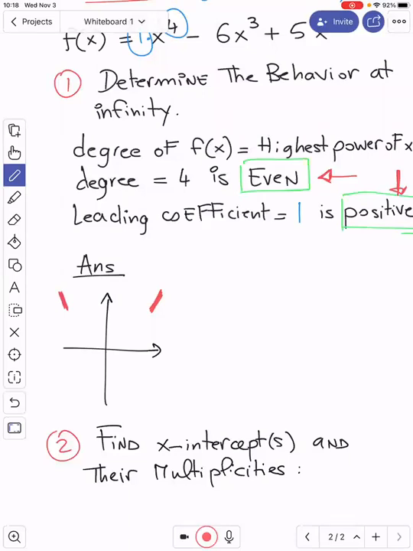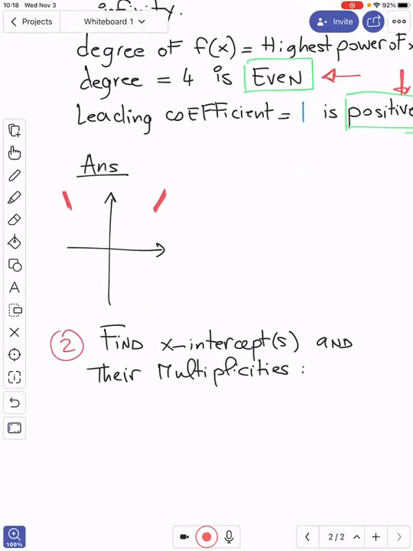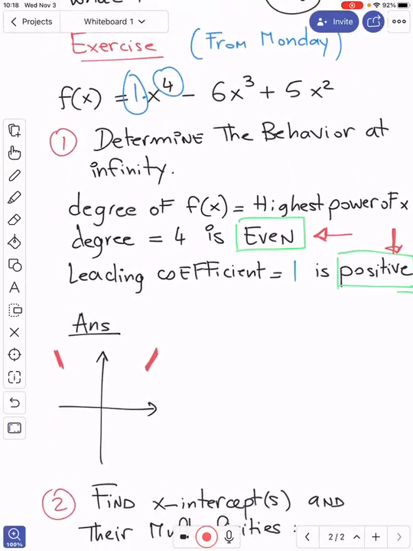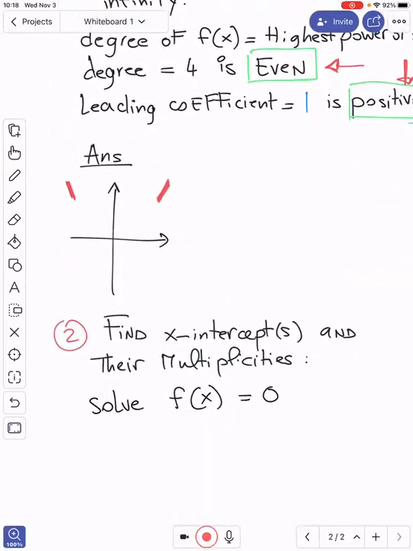That's how we find the x-intercept, always by solving f of x equal to 0. So what's f of x? It's x to the 4th minus 6x cubed plus 5x squared, equal to 0.